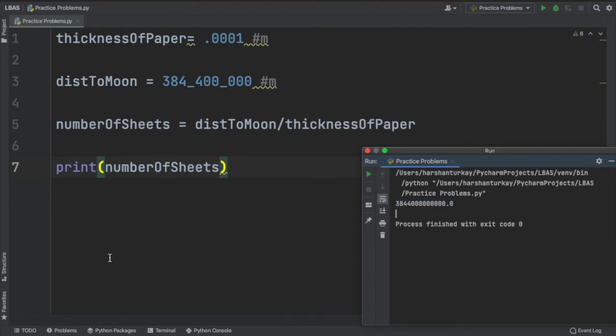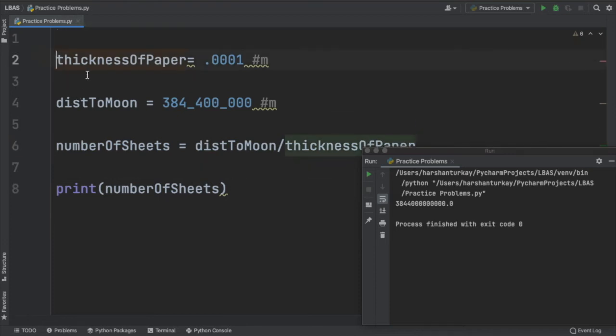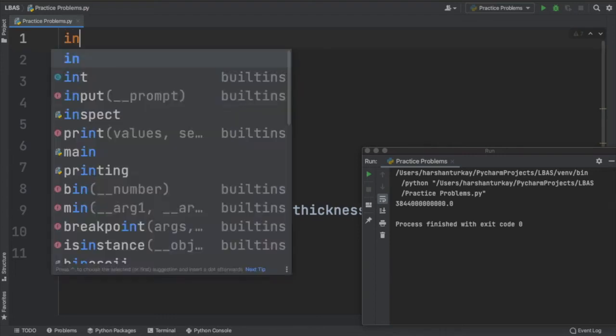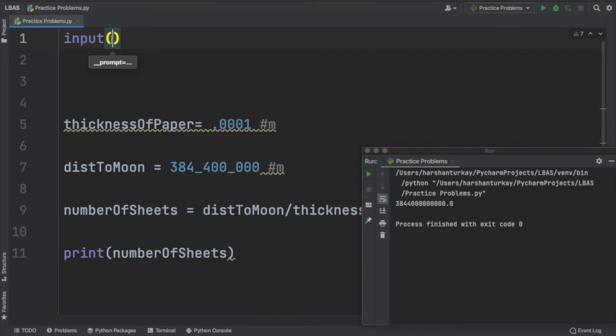Okay, so one function that I want to show you before anything, which will help us take input from the user. It's a very simple function, and all you have to do is input and then the prompt.